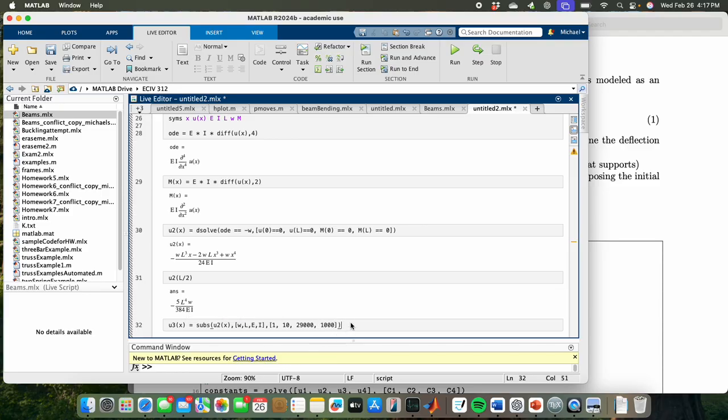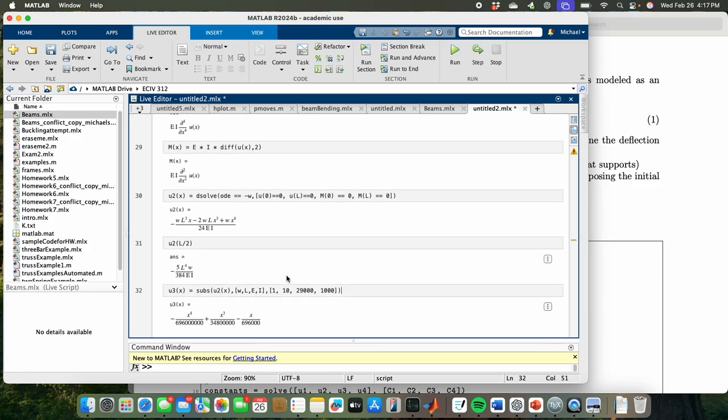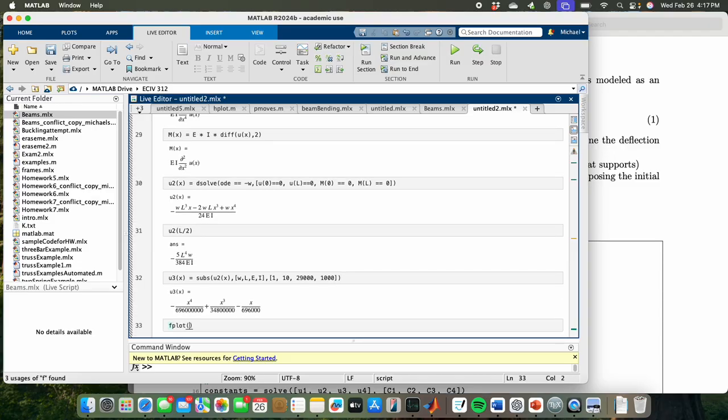So then it should sub in those values, and so I should just get something as a function of x. Right? Because it just took those things and shoved them into those places and put it in a new variable. U2 still is what it was. We didn't replace U2. We shoved in a new variable called U3. Now I could do the fplot. Fplot U3 of x.